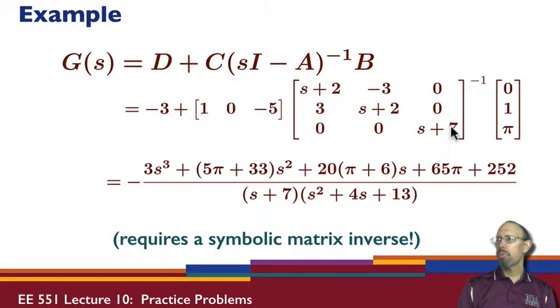So notice the poles are always the eigenvalues of the A matrix, or the roots of the characteristic polynomial of the A matrix. And so it's the numerator that's the tricky part to find in computing all of this. So symbolic matrix inverse, which we can do in MATLAB. I'll show you that now.